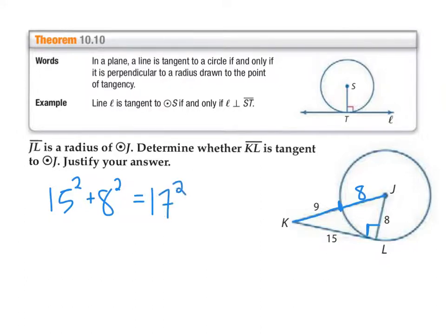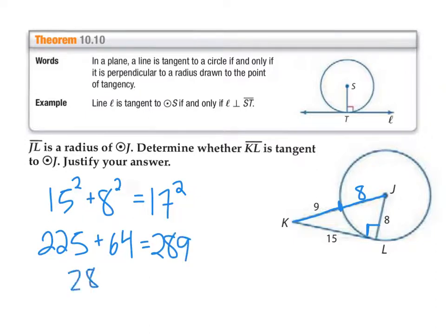So now I'm going to use my calculator and figure out if this is in fact going to be equal. All right, it looks like it is. It looks like 289 equals 289. That means that yes, this is a right triangle, therefore it's perpendicular, therefore the line is tangent. So my answer is going to be yes, the line KL is tangent.